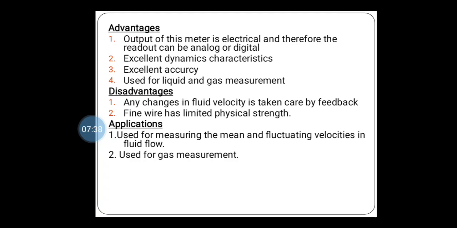It cannot sense forward or reverse flow. Sensitivity of the instrument changes due to dirt or dust on the hot wire. It needs frequent calibration. Operating characteristics are non-linear, that means the square of the output voltage is proportional to the square root of the velocity.